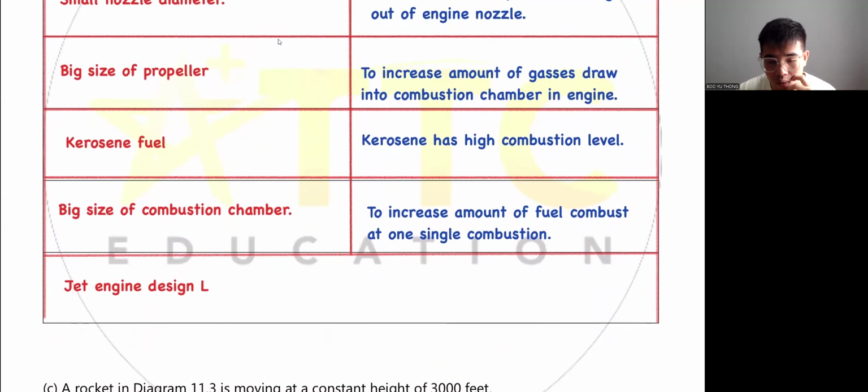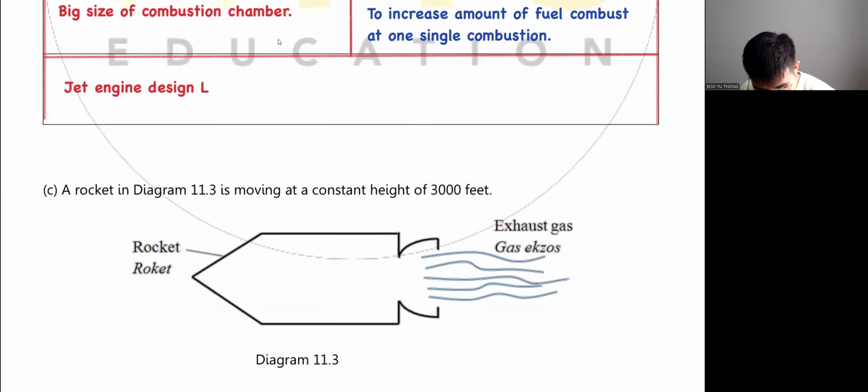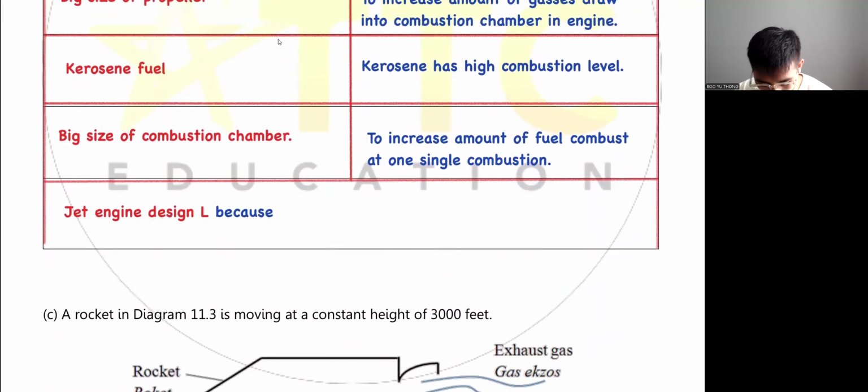But for the last row, we don't need to do that, because you can just continue your explanation. Write your choice, and then continue your explanation, because then you can just write in a complete sentence already. So, and because of what?